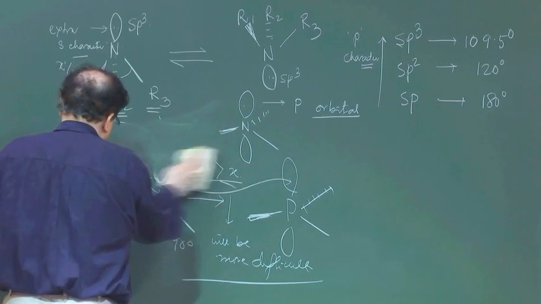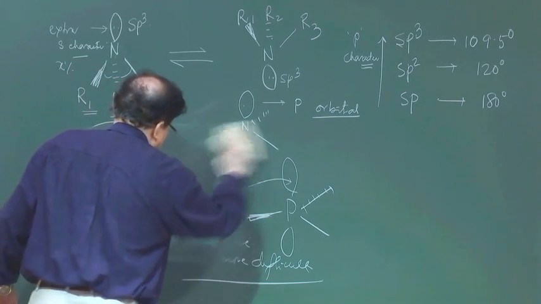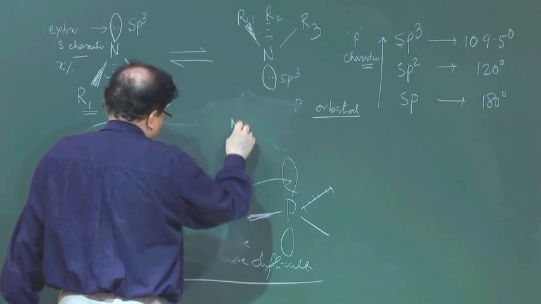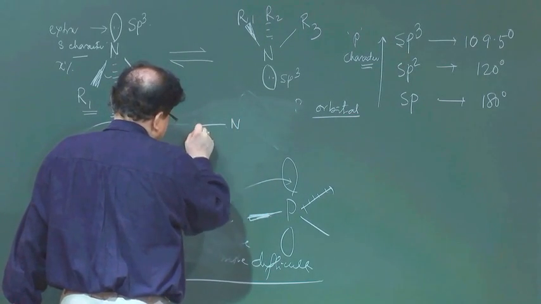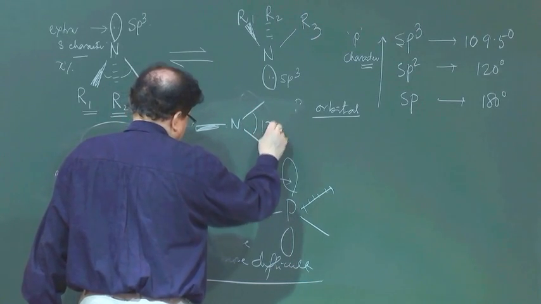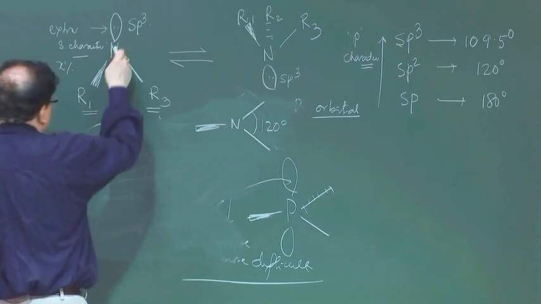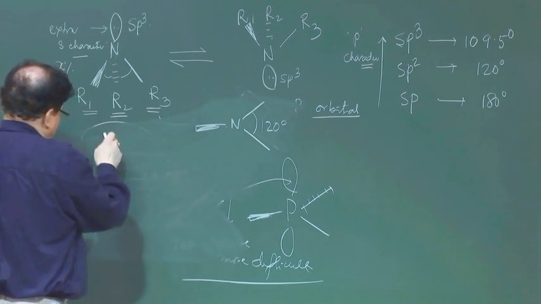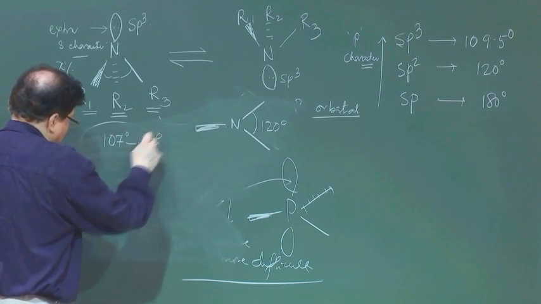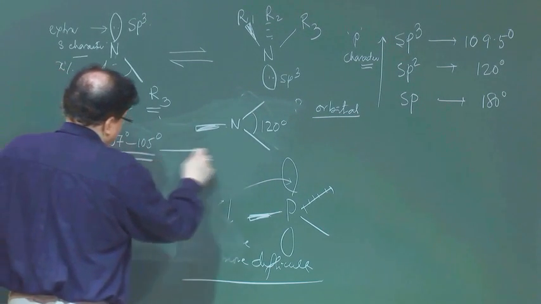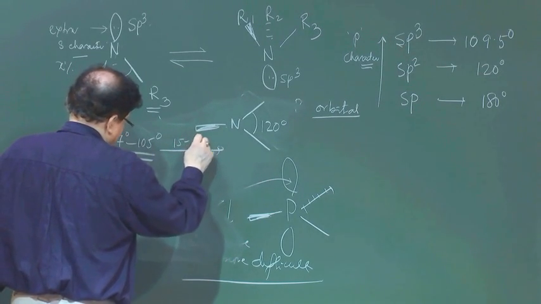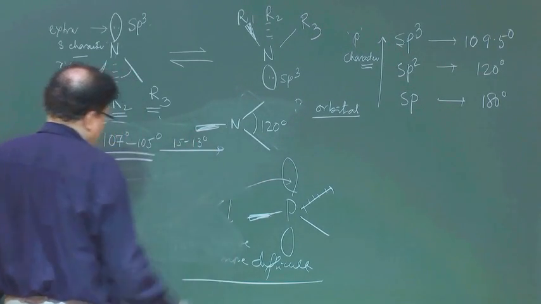Another argument is much easier. The argument is that in the intermediate stage, the angle between the alkyl groups is 120 degrees, and in the nitrogen case the earlier angle was about 107 to 105 degrees. So, now you have to increase the angle, but the increase is about 15 to 13 degrees to reach 120.